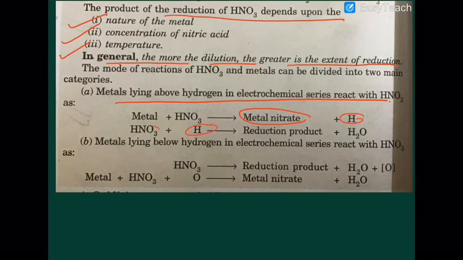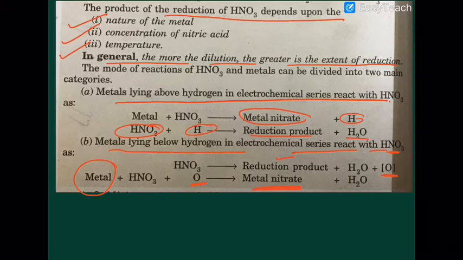The hydrogen then again reacts with nitric acid to give the reduction product and H2O. Similarly, metals lying below hydrogen react with HNO3 to give the reduction product plus oxygen. That oxygen is used in oxidation of the metals and they get metal nitrate.